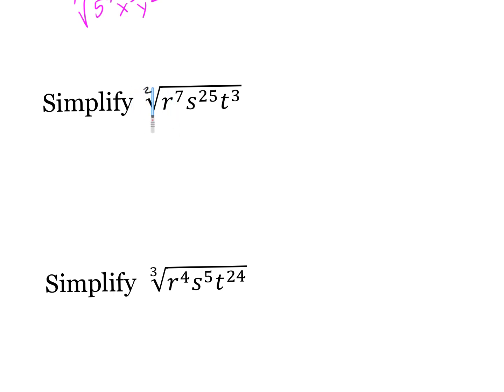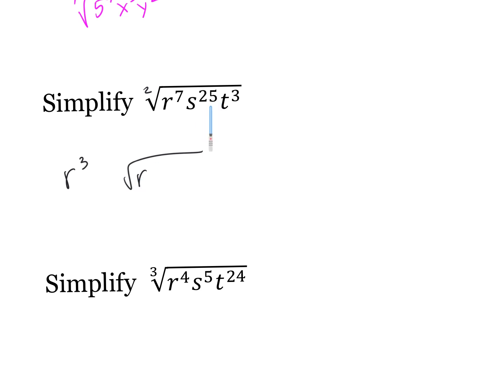So I'd have 3 full groups of 2. So technically I would have an r cubed on the outside. Do you agree that that represents 6 r's? The square root of r to the 6th would get me r cubed. What do we do with that other r? He's chilling. He's like, excuse me, I'm still here. He's just hanging at home.